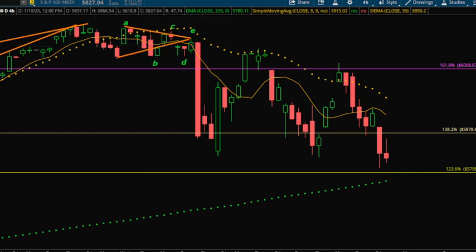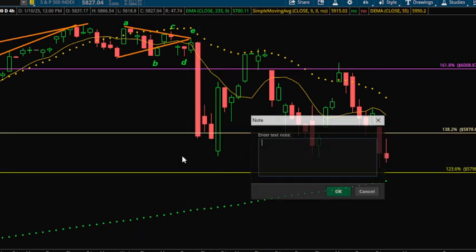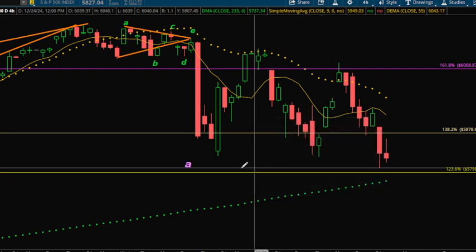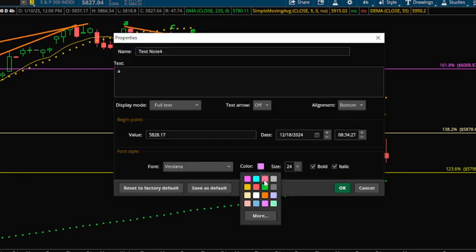Now, on a lower degree, we label this in a light blue, I guess.